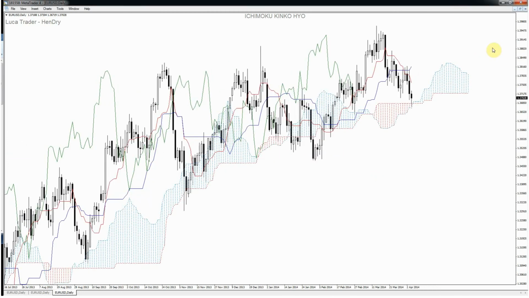And the Senkou span A: the formula behind Senkou span A is the average of the Tenkan-sen and the Kijun-sen. Tenkan-sen and Kijun-sen, the average of it, and we move it forward 26 periods, in this case 26 days in the future. So this is the average of these two, moved 26 days into the future, right?